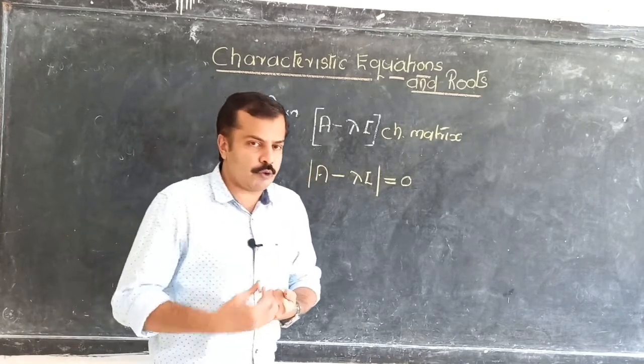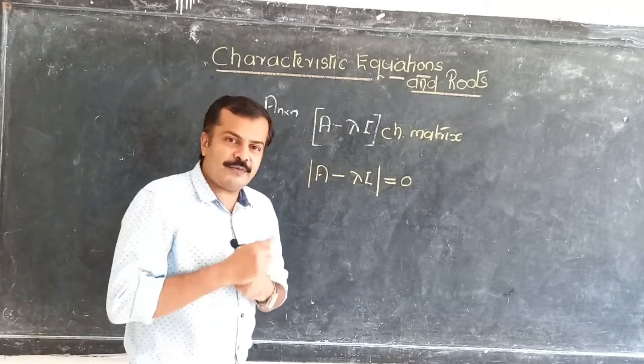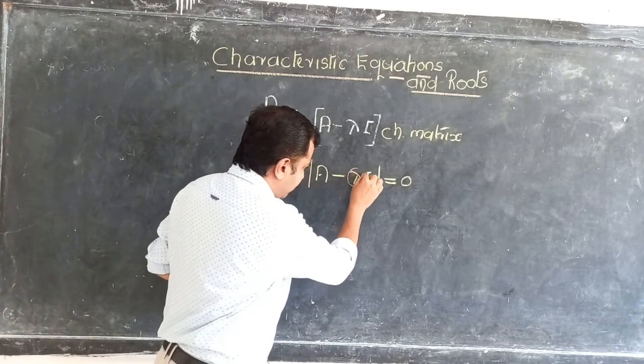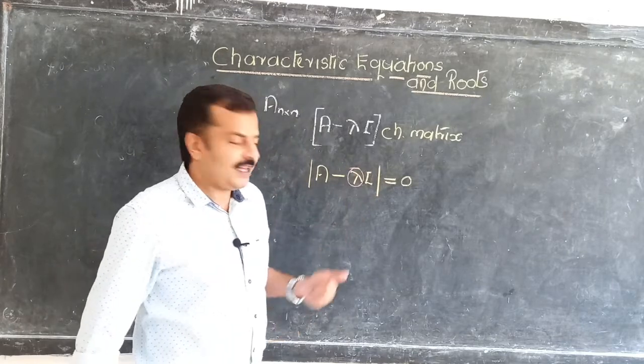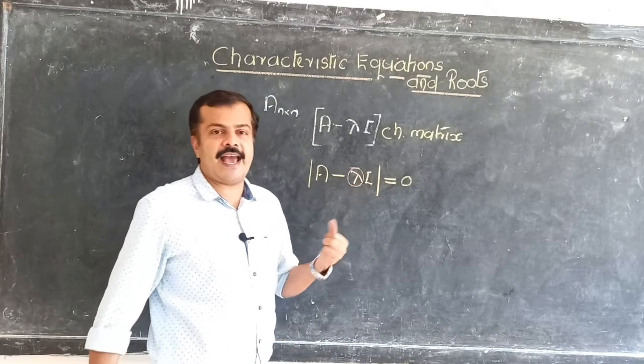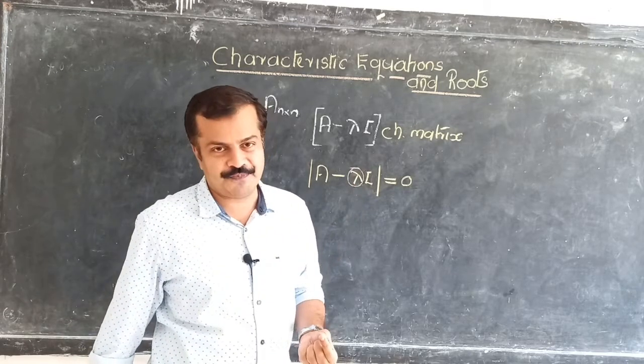Once we solve this equation, the value of this coefficient, namely lambda, is known as the characteristic roots.